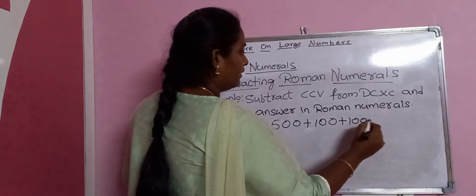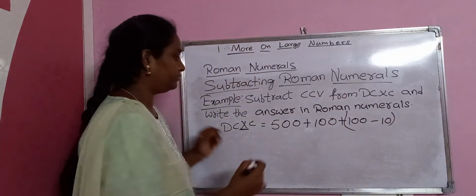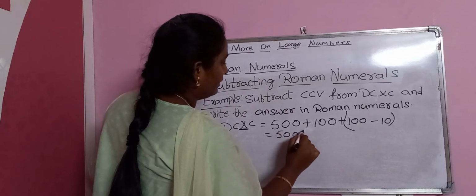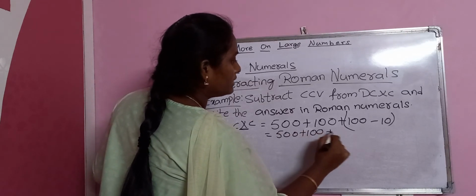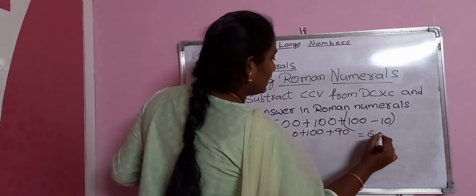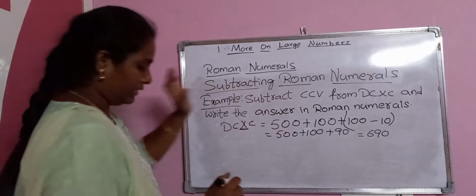100 minus 10. Now 500 plus 100 plus 90. How much? 690. Okay. Now take this one. CCV.